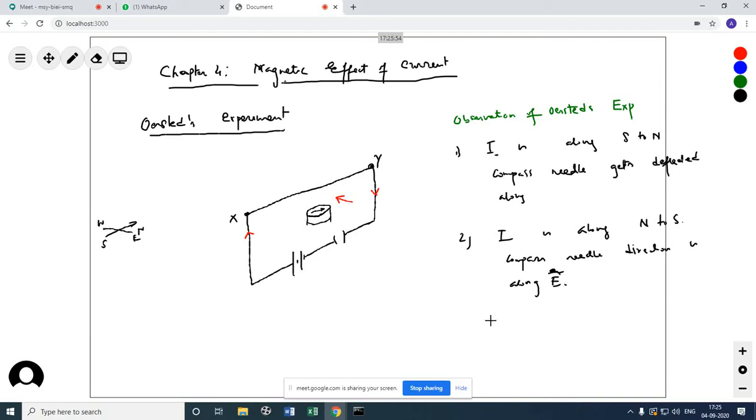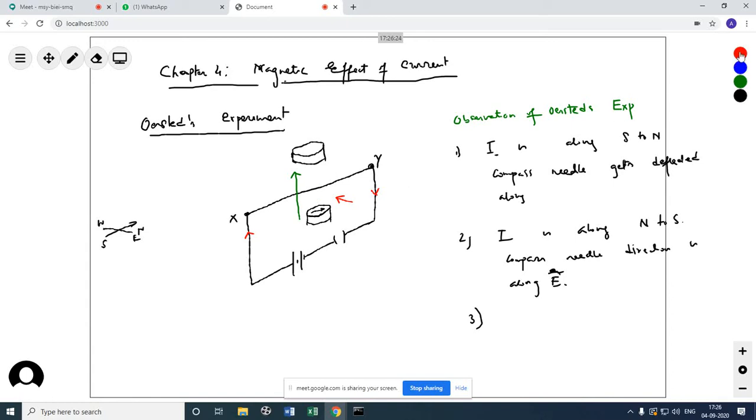Now, another interesting thing to observe. If you take the needle up, keeping the current along north to south only, and place it above the wire, that is, the wire lies now below the needle, what you observe is that again the needle direction changes.